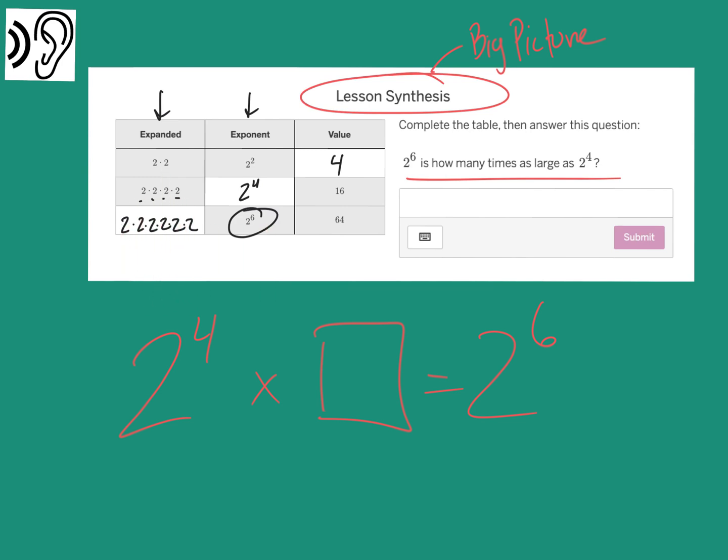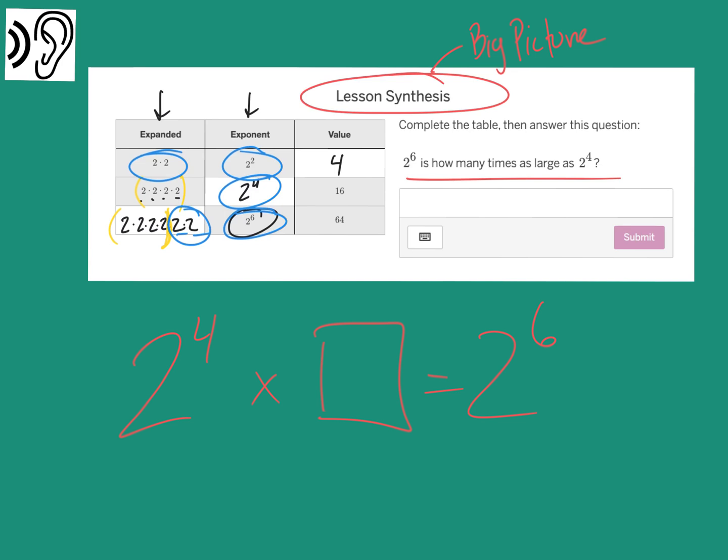Because when I look over there, I see what 2 to the 4th is. 2 to the 4th is 2 times 2 times 2 times 2. 2 to the 6th is that same thing, 2 to the 4th, but then times another 2 and another 2. Well, what's another way to write 2 times 2? We have that here, 2 to the second. So now we could say that, in this case, 2 to the 4th times 2 to the second equals 2 to the 6th.